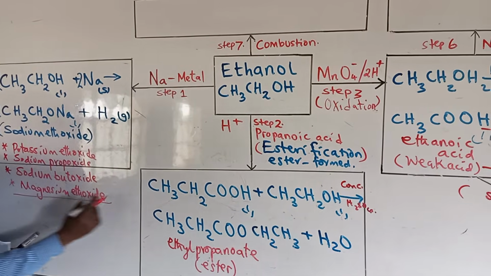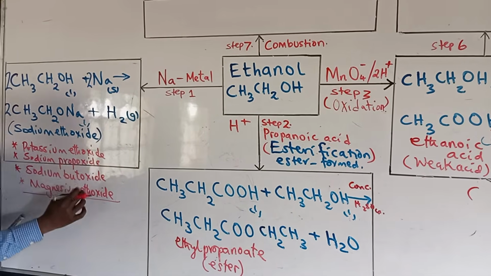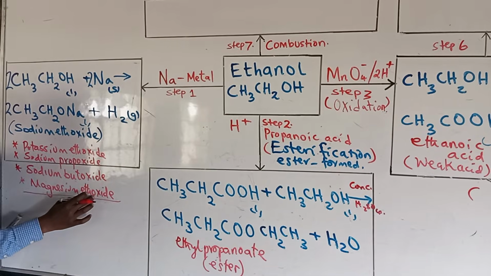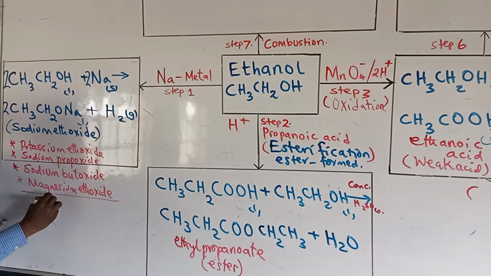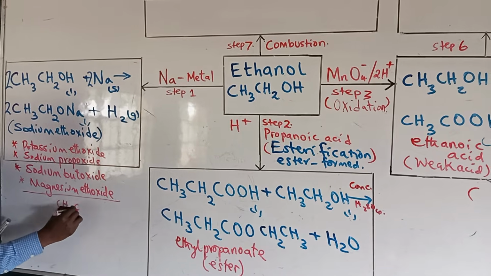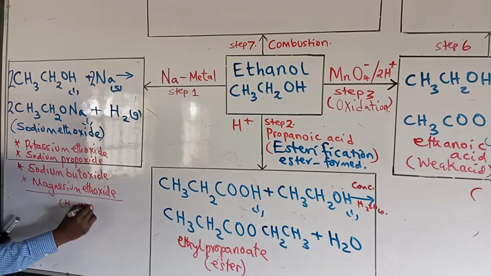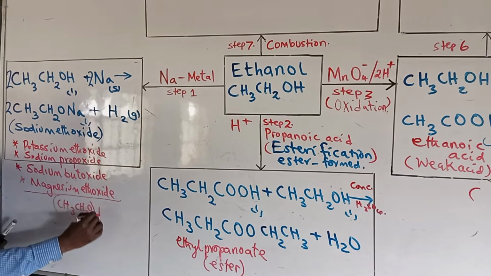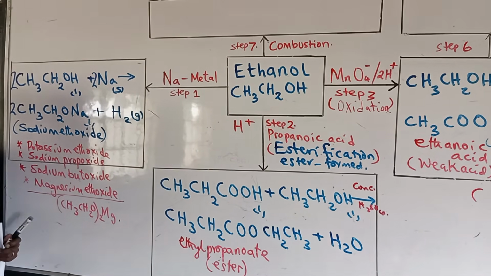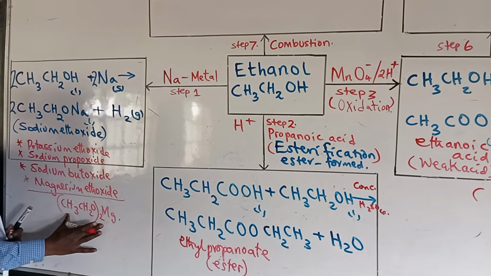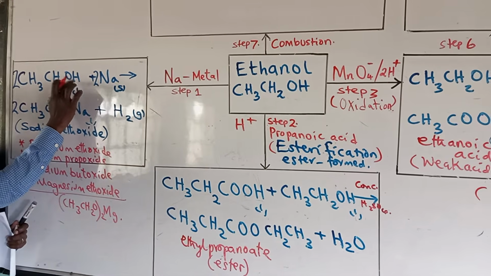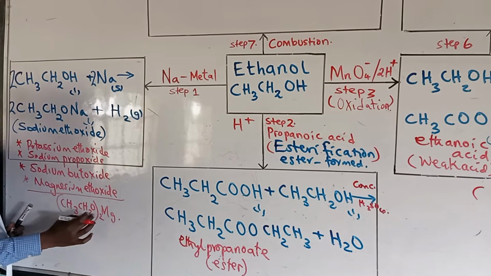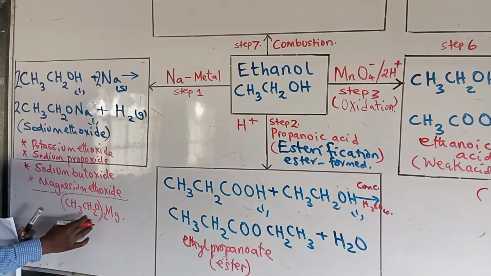Magnesium ethoxide with the 1 oxygen here. So the formula for that would be (CH3CH2O)2Mg. That will be magnesium ethoxide, having displaced a valence 1 and itself valence 2.